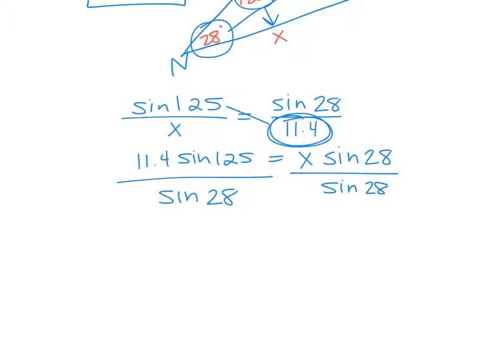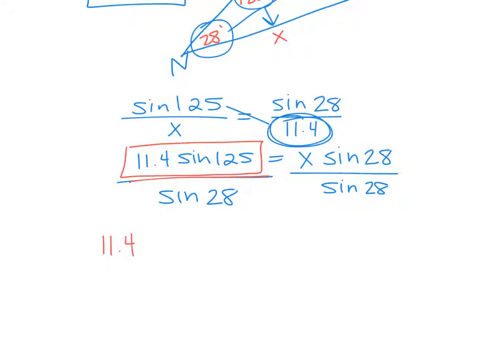Now here's the deal. For some of you, you're going to want to do it this way. You're going to want to plug this in and just hit enter, okay? Then once you have that number on your screen, then you're going to divide by sine 28, and that's great, okay? For others of you, you want to plug it in one fell swoop. Well, if that is you, here's how you need to plug it in, okay?